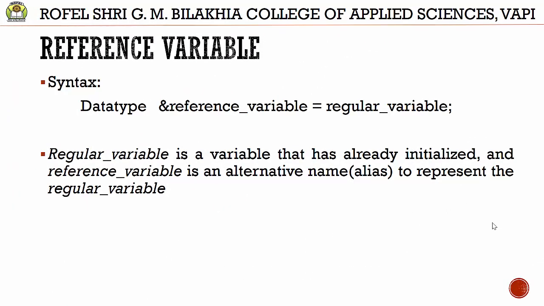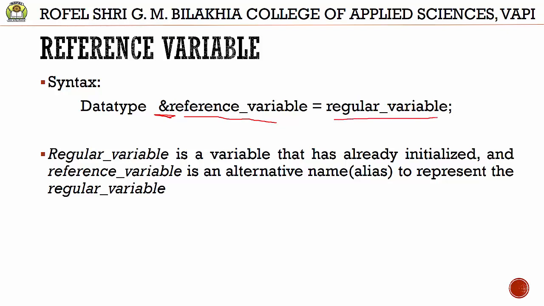Like data type reference variable. Here the ampersand sign is used. Now the ampersand sign is used for what? Ampersand is used before the reference variable when we declare it, to indicate that it is a reference of a particular variable. Like here we give a reference variable name and equal to, we initialize the regular variable.